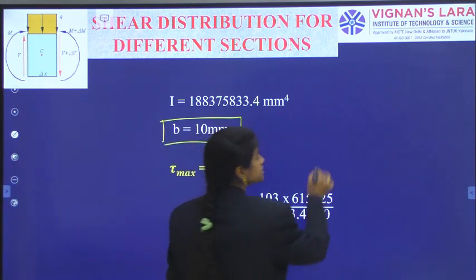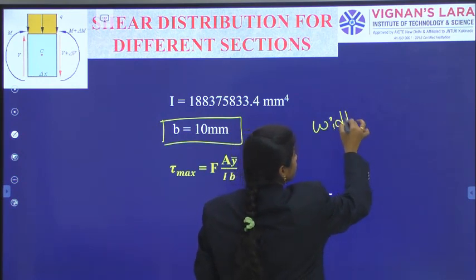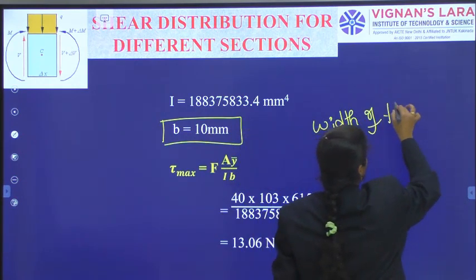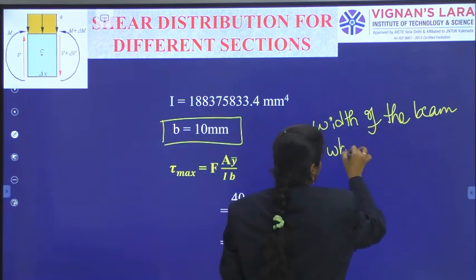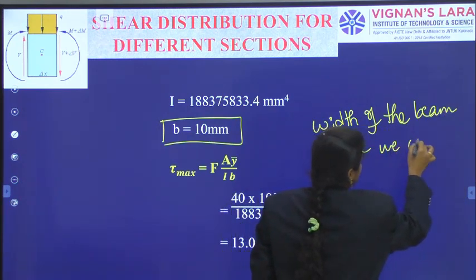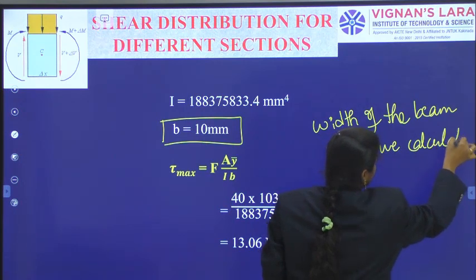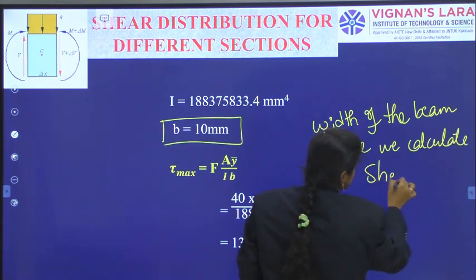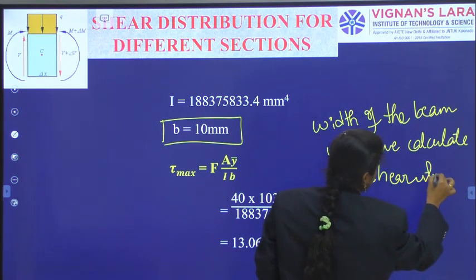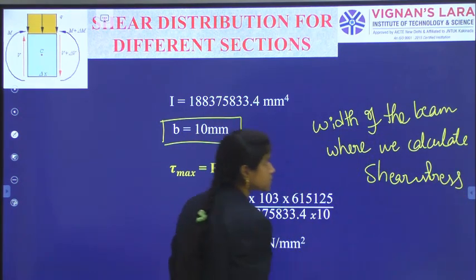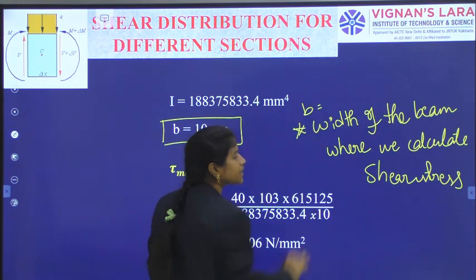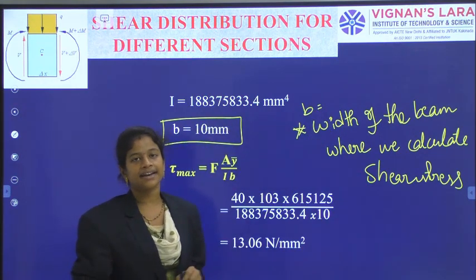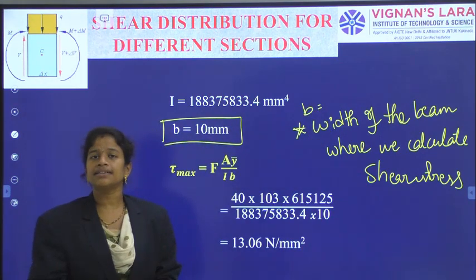B, what we have said, is the width of the beam where we calculate shear stress. So what is the width of the beam at the level I am calculating the shear stress, that is indicated as B. Now where am I calculating the shear stress?